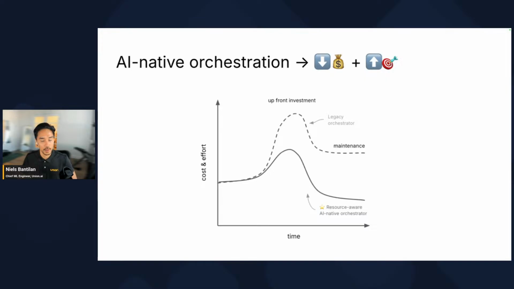The maintenance after you've deployed the thing is much higher. Using resource-aware orchestrators that are purpose-built for AI can actually dramatically lower these costs and the effort to initially build and deploy, but then also afterwards reduce the ambient cost and effort after deployment.